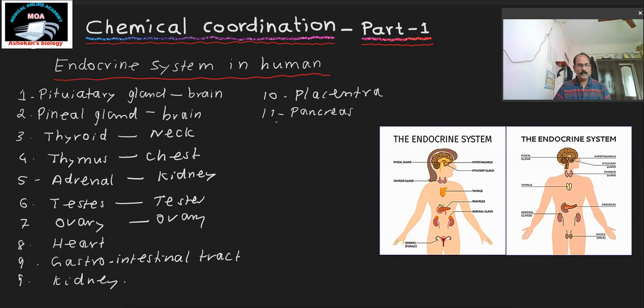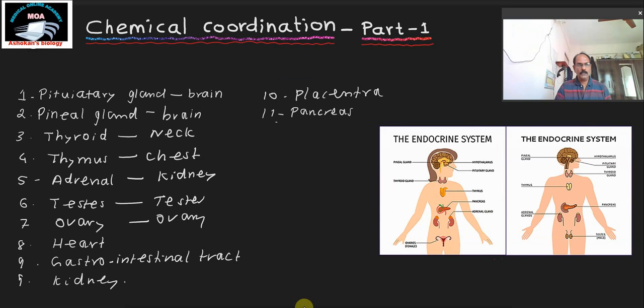Then we just study what is actually the hormone, what are the characters of the hormone. So properties of the hormone. All these glands produce one or another different type of hormone secretion. The secretion of the endocrine gland is known as a hormone. So what is actually the nature of the hormone? What are the properties of the hormone?